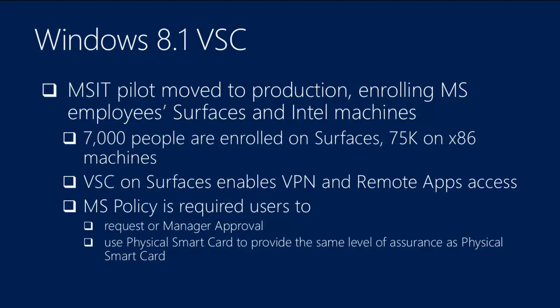And the policy allows you to sign in and enroll with virtual smart card with 2 proofs. One of them is a physical smart card, and the second is actually incredibly painful: you need to ask your manager to approve. It means a special code will be sent to the manager, who will sign it back and forth, and only a few managers that check those emails would approve your virtual smart card provisioning.